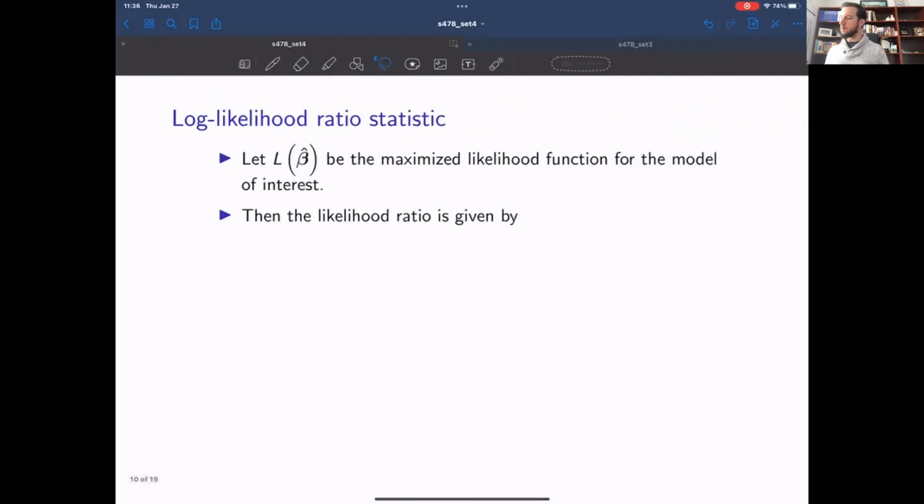Right. So let L(β̂) be the likelihood function evaluated at an MLE for some other model.